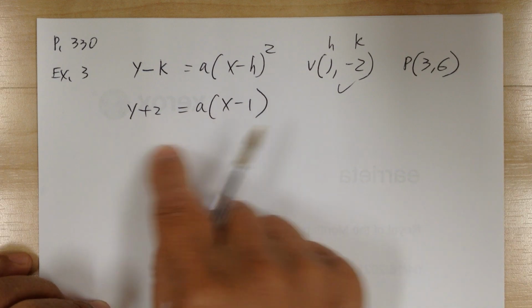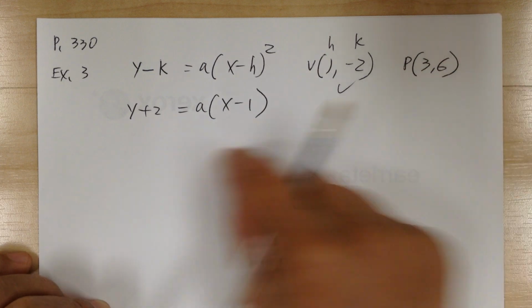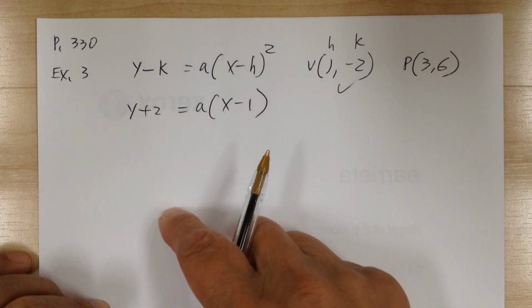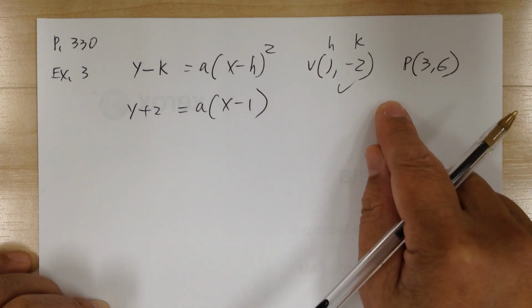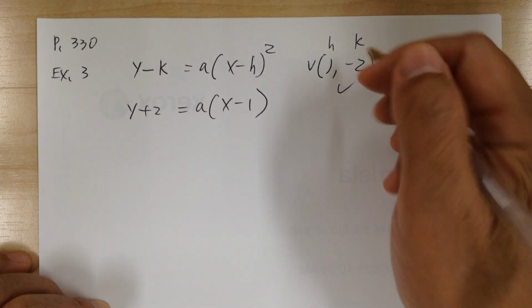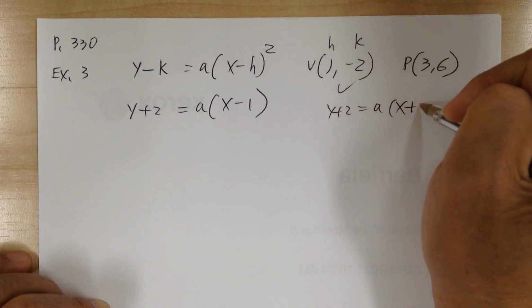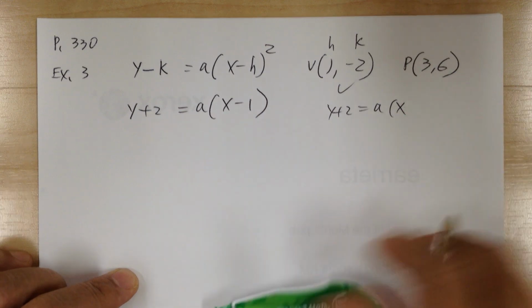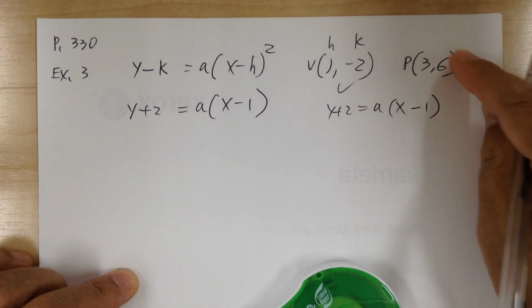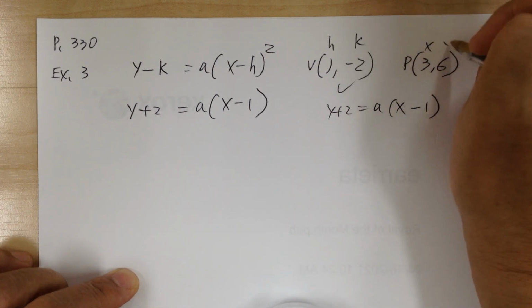Now you want to go off to the side so it doesn't clutter up your major steps, because if you do it over here, you're going to lose track of what you're doing. So you write the equation one more time. When you have a point, that's your x and the y.